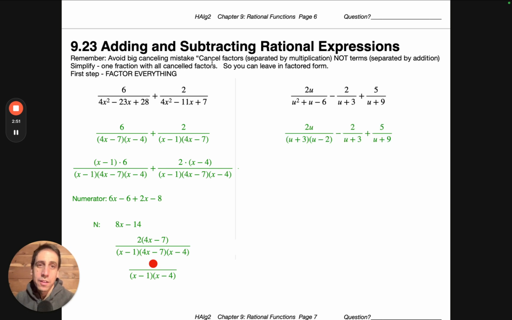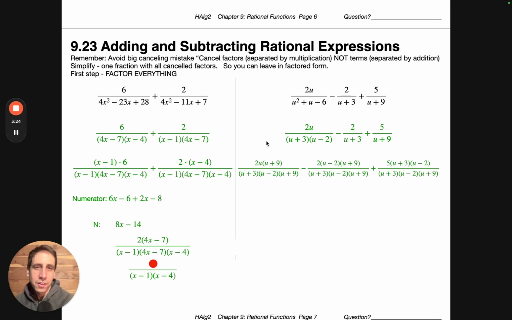Moving right along, you can see here, not in factored form. So u squared plus 2u minus 6 turns into u plus 3 times u minus 2. That's because I factored. And now we can see that in order to get a common denominator, we have to multiply these fractions by the missing factors.